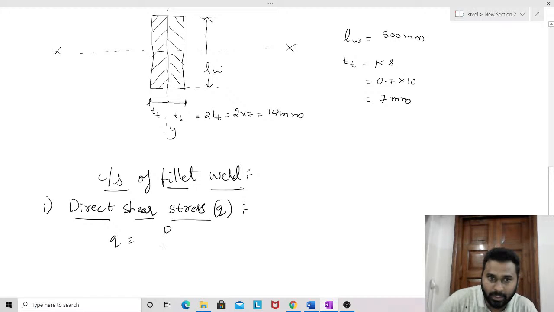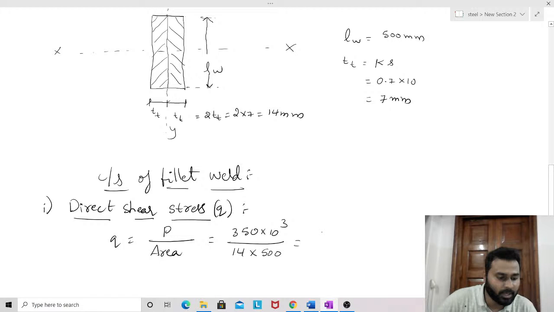Force we represent with P. Is that okay? Now how much is the force? 350 kilonewton, that is 350 into 10 cube, upon area. The area is 14 into 500. Now how much value are we going to get? 50 MPa.